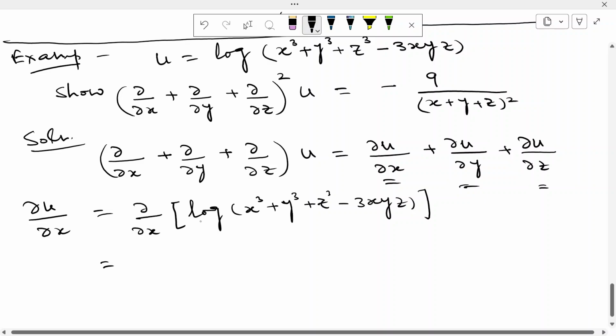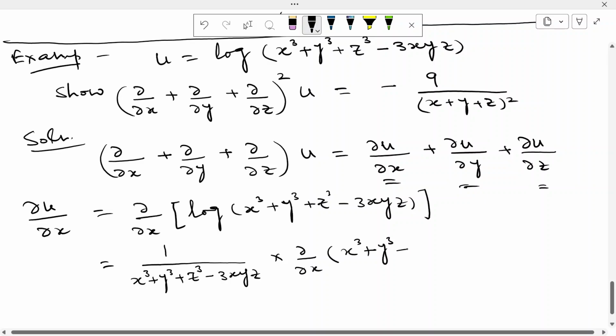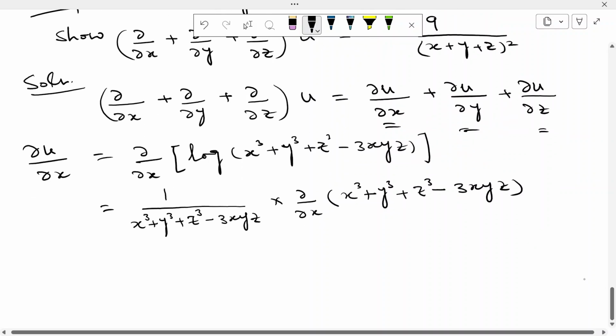The derivative of log gives 1 over x cube plus y cube plus z cube minus 3xyz, multiplied by the partial derivative of x cube plus y cube plus z cube minus 3xyz with respect to x.